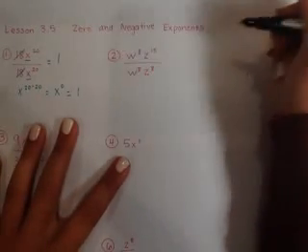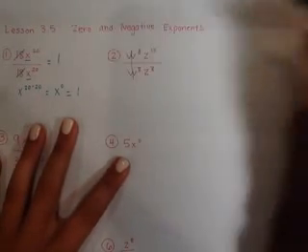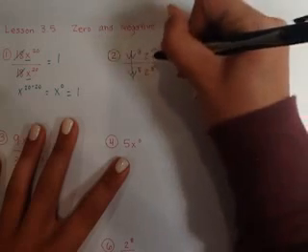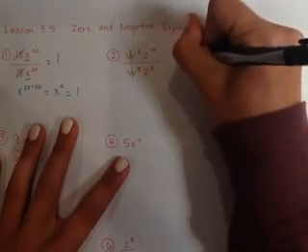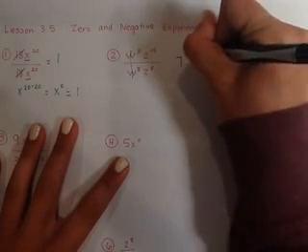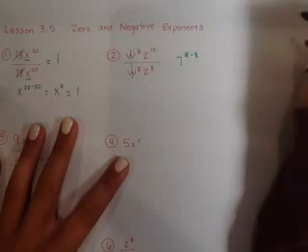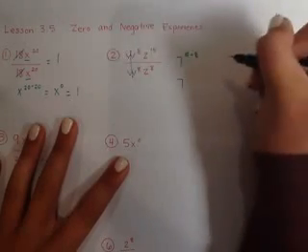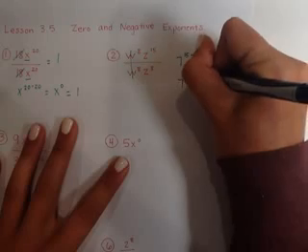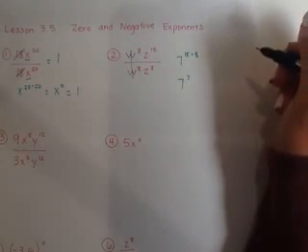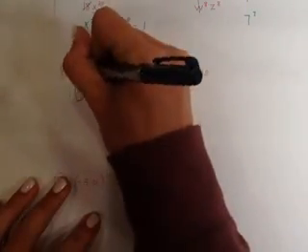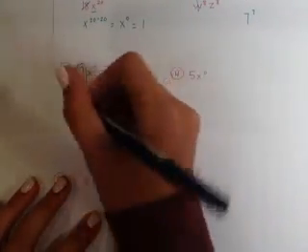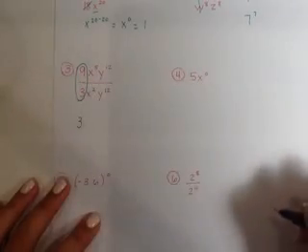Here, w to the 8th over w to the 8th, that cancels out and just leaves you 1. Now z to the 15th over z to the 8th, that's division, so you will subtract 8 from 15. The answer here is z to the 7th power. On the 3, you have these two constants. Go ahead and simplify that first. 9 divided by 3 is 3.